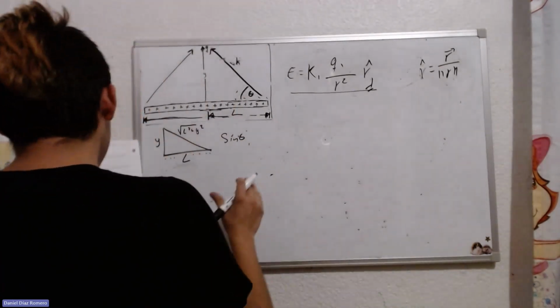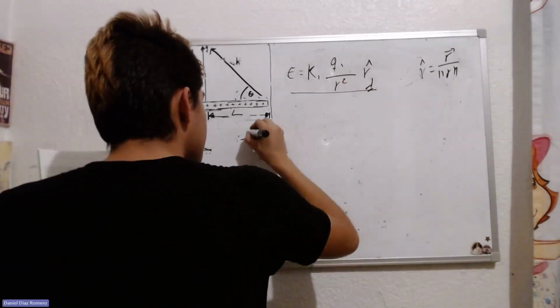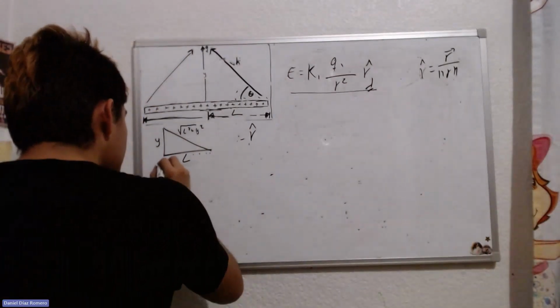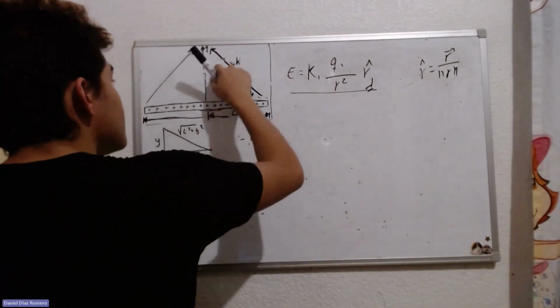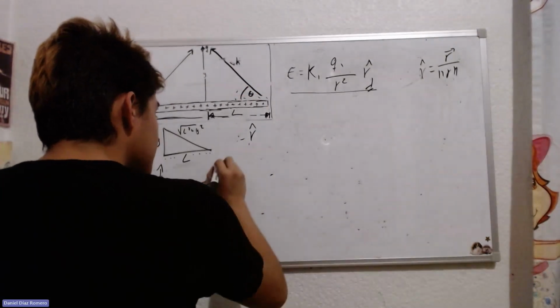Because, as you may know, we are taking the unitary vector, which is this one over here, which can be represented like this. Because we have, and here is a little bit of theory, these two vectors can also be represented like this.